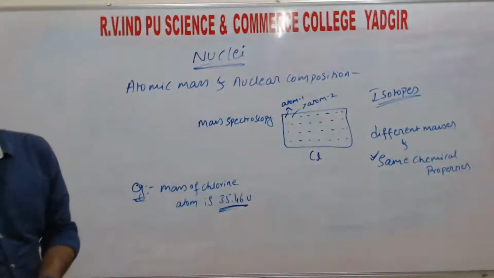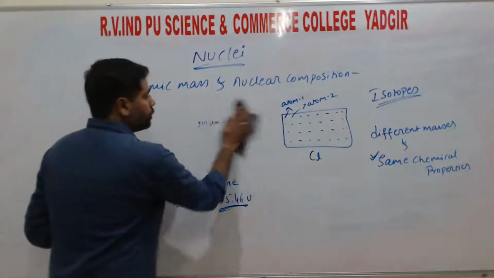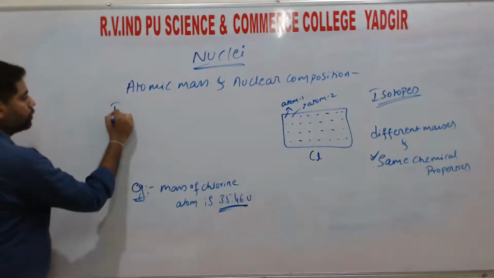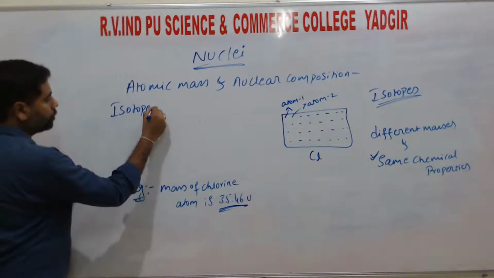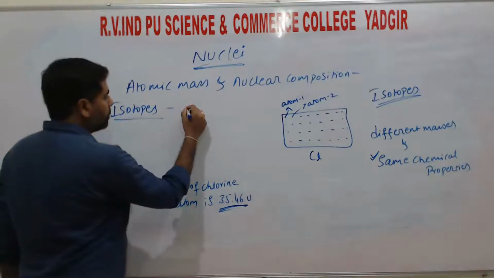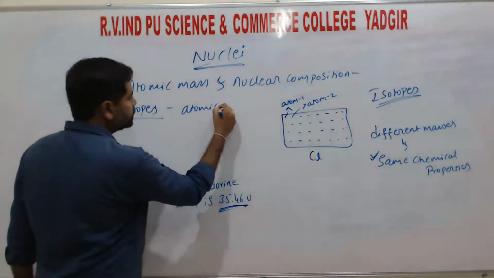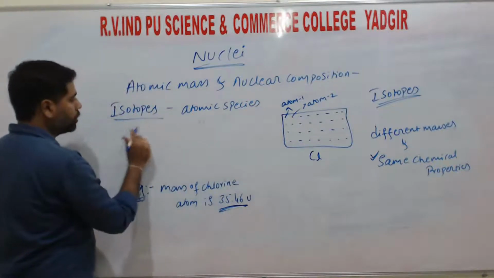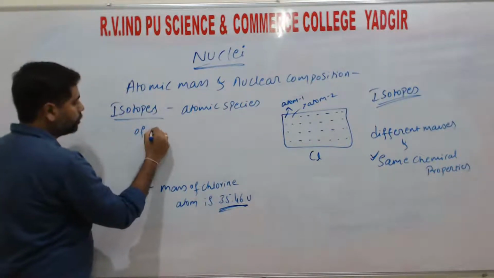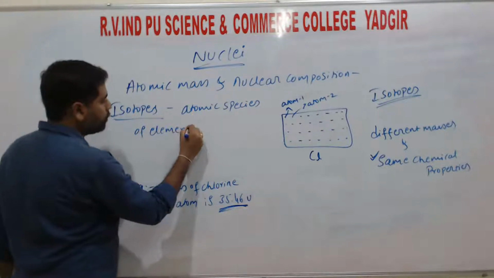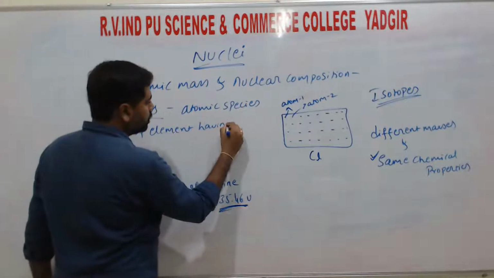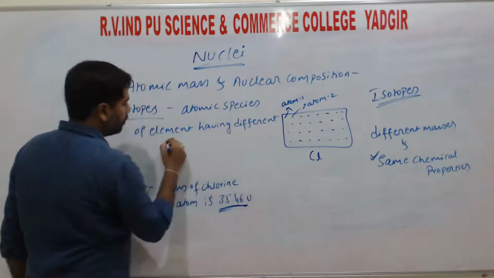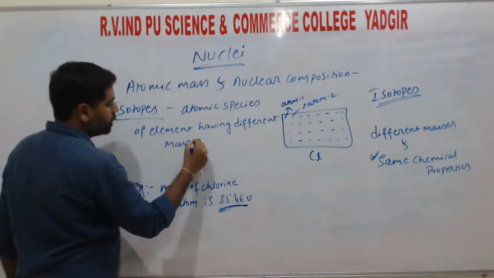So if you write the definition of the isotope: atomic species of an element having different masses, right?